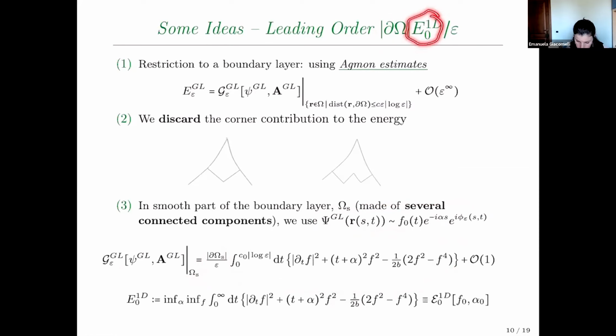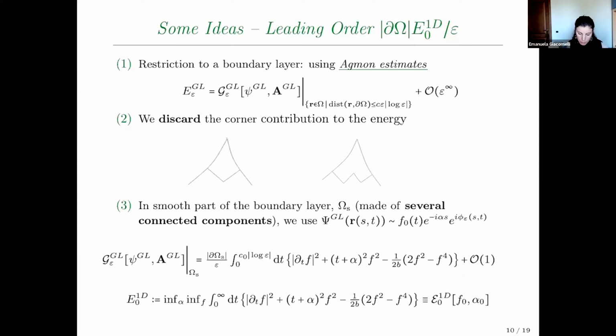And in fact, this quantity E1D0 is nothing else than the infimum of this energy functional with respect to the real parameter alpha and the function f. So you see, this is how you can easily get the leading order.